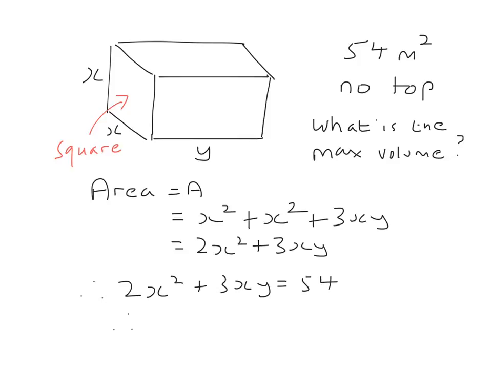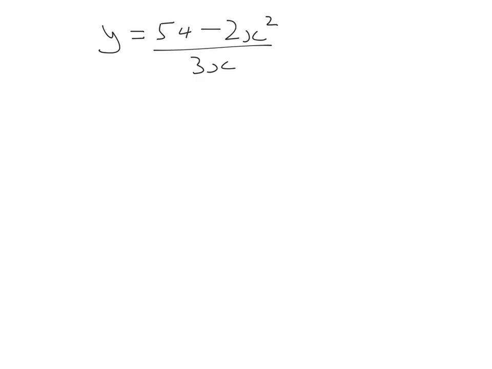Let's rearrange that to work out what y is. y is (54 minus 2x squared) divided by 3x. Now we're trying to find the maximum volume, so let's work out what the volume is. The volume is the length times the width times the height, so that's x squared times y.